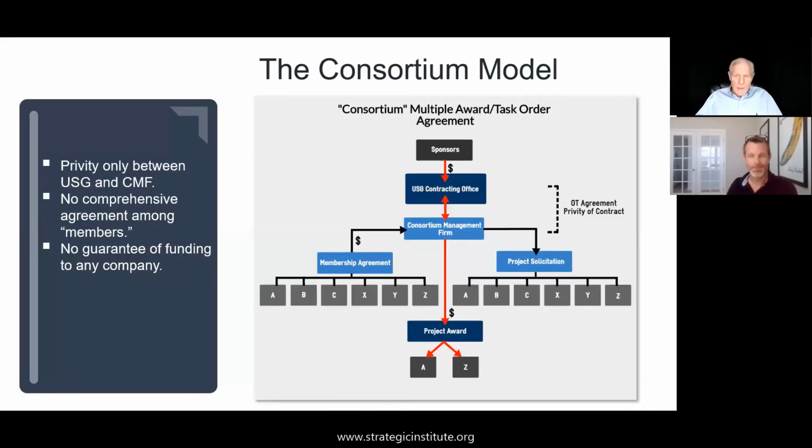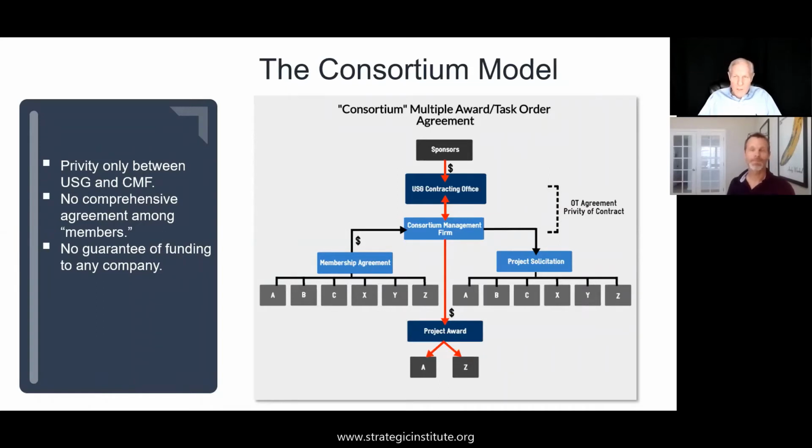However, in the case of other transactions, the fact that they are associated so strongly with consortia, and I think in DoD there are more than 36 of these OT consortia out there today, that people think that's the only thing that other transactions are for, and they miss out on the variety of things that other transactions can be. So here are some examples.